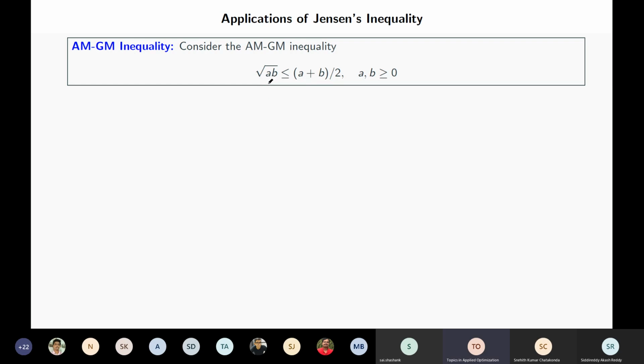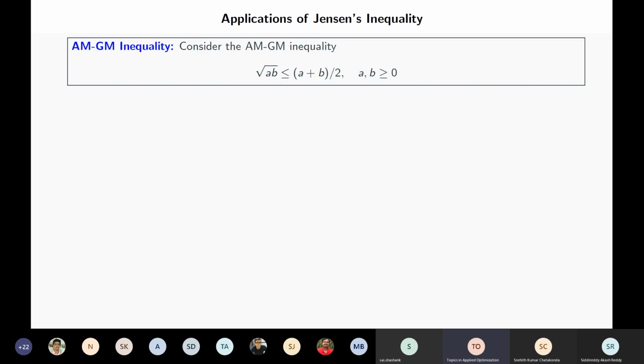That function is convex. Okay, so if the function is convex, then obviously it satisfies Jensen's inequality, because we have seen that convexity is if and only if the function is convex and satisfies Jensen's inequality.